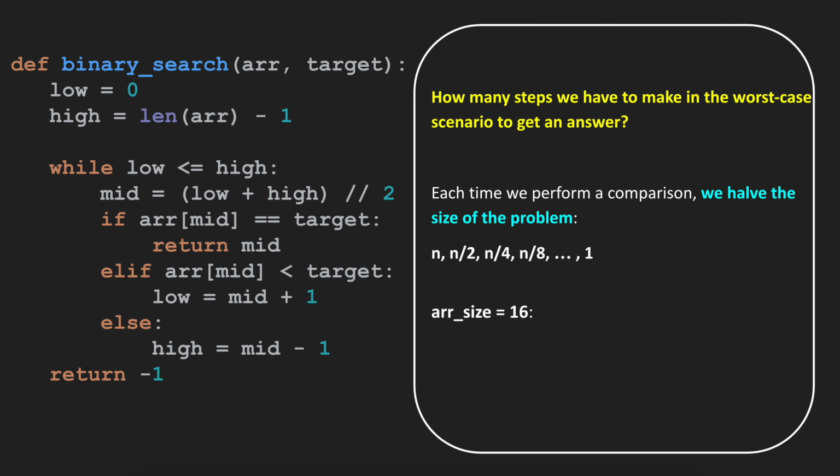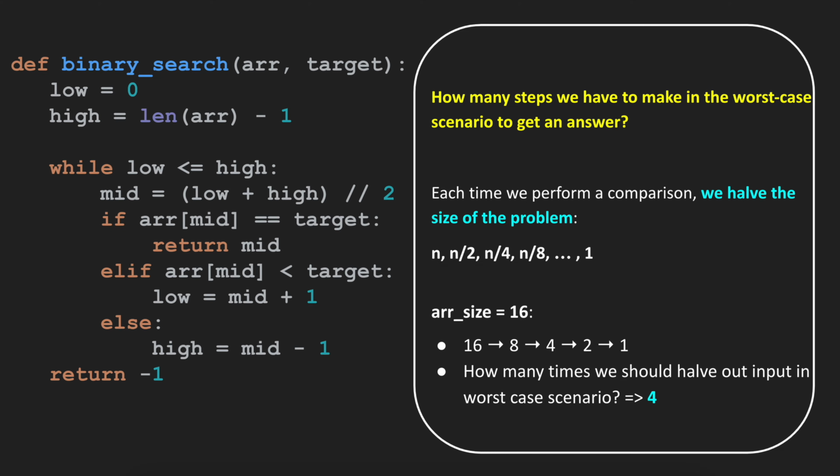Let's say we have an array with an input size of 16, and we are finding a target in that array. First we divide that in half, so we get 8, then 8 divided by 2 is 4, 4 divided by 2 is 2, and 2 divided by 2 gives us 1.